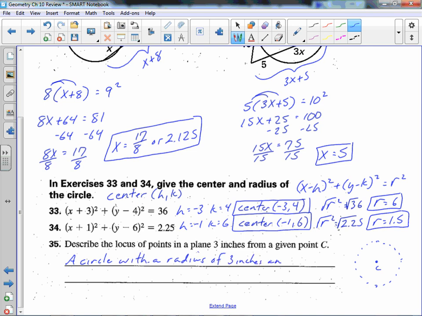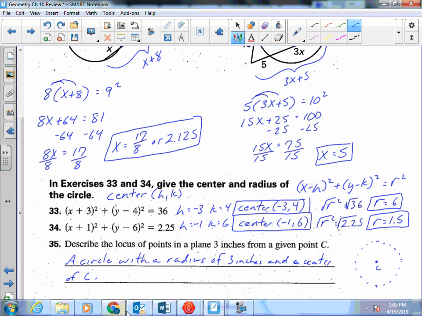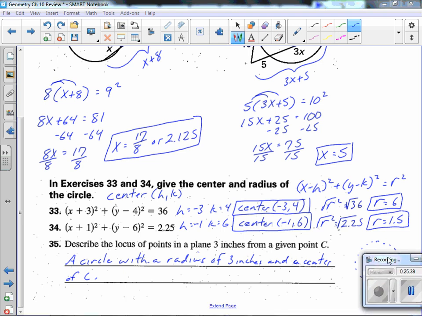And we could even say, and a center of C. Right. That's all there is to that review there.